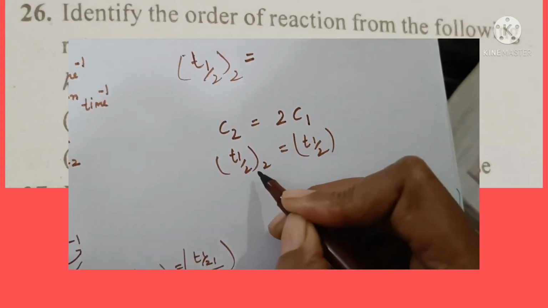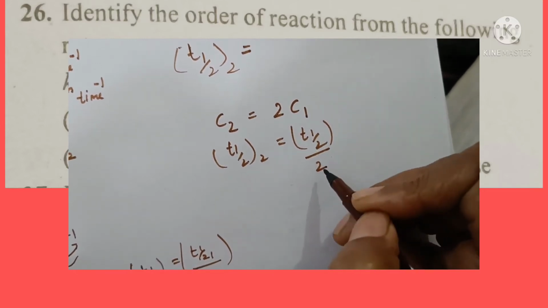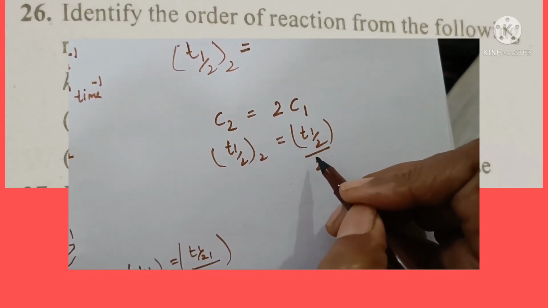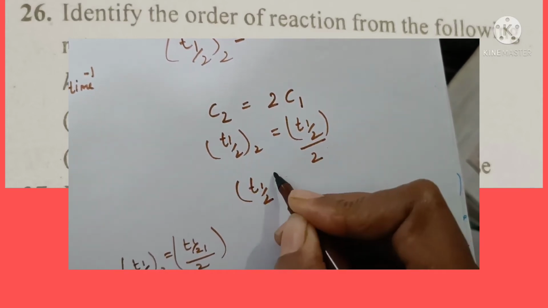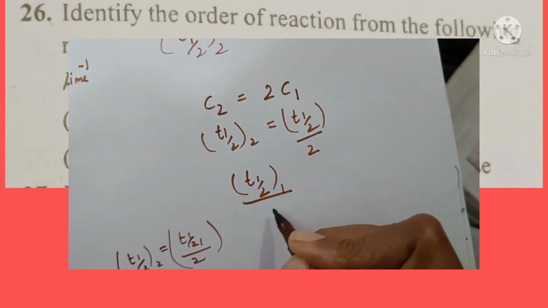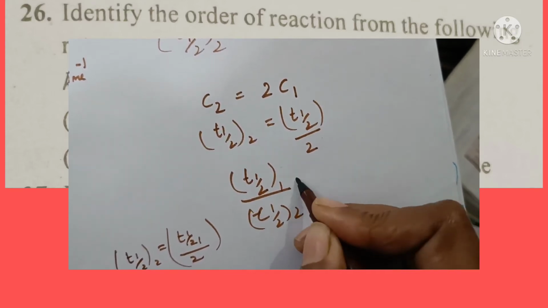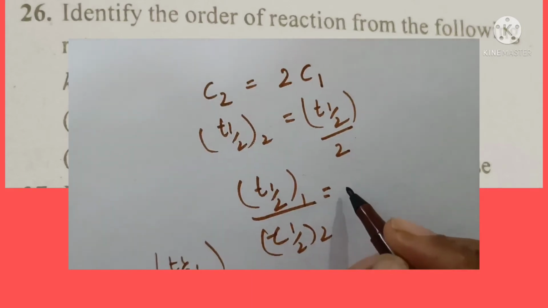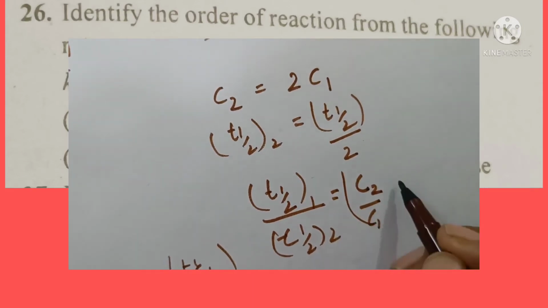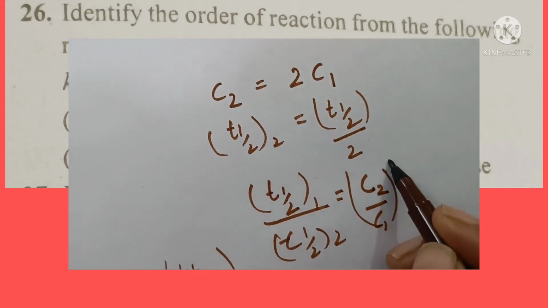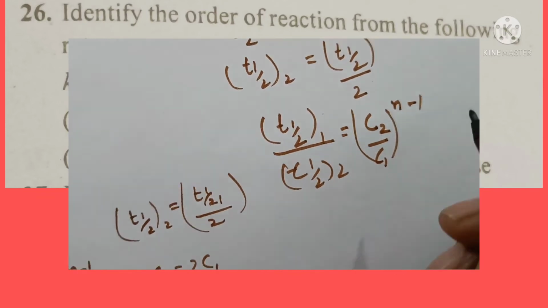So T half 2 is T half upon 2, half of first half-life. Now the relation is T half 1 upon T half 2 is equal to C2 upon C1 raised to power n minus 1.